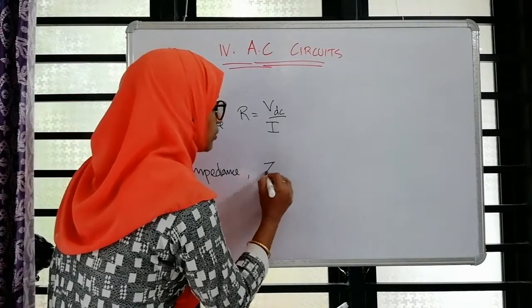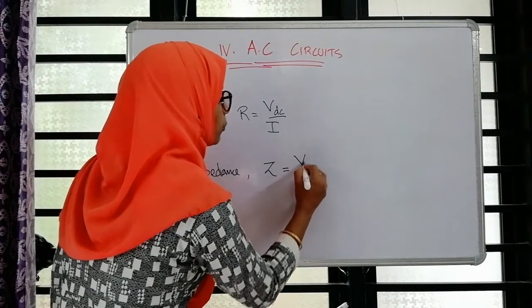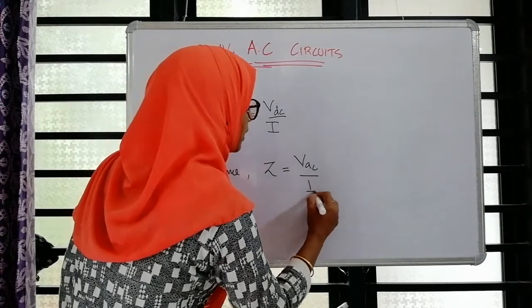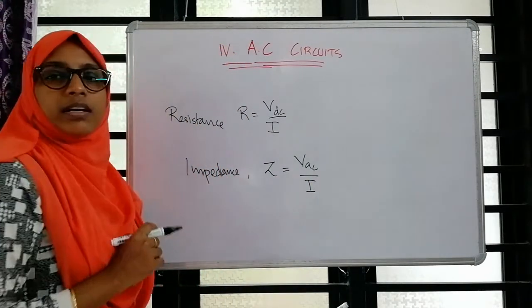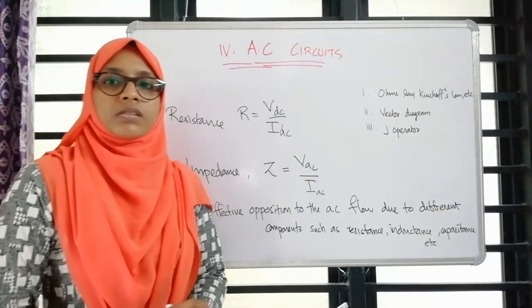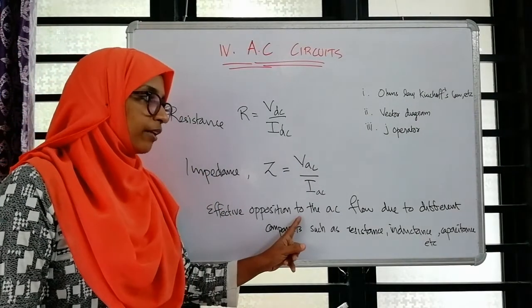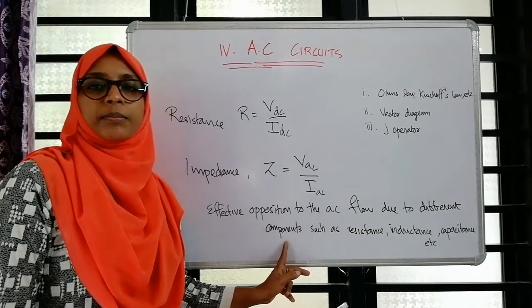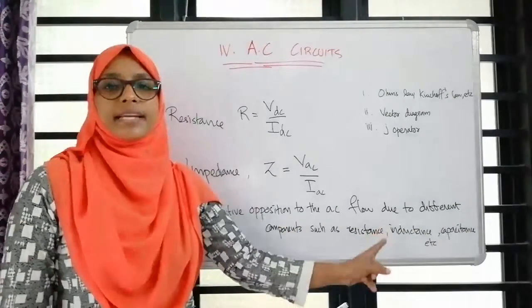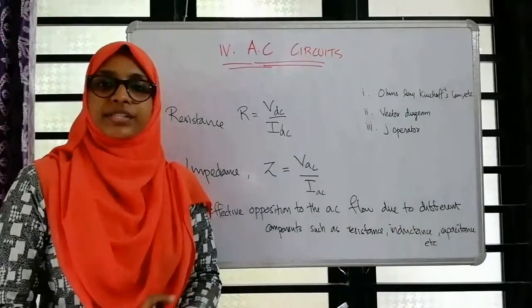Impedance is normally denoted by the letter Z, which is equal to V_AC by the AC current which is passing through the AC circuit. So, the impedance is the effective opposition to the AC flow due to the different components such as resistance, inductance, capacitance, etc.